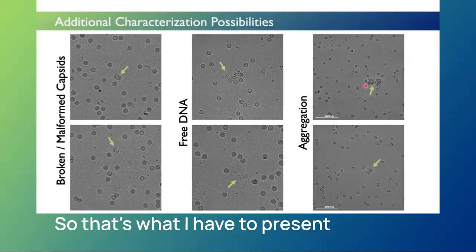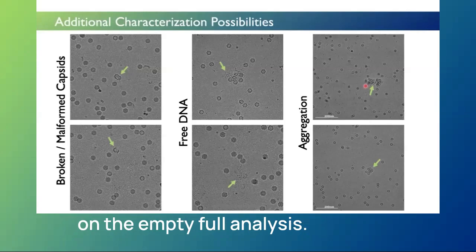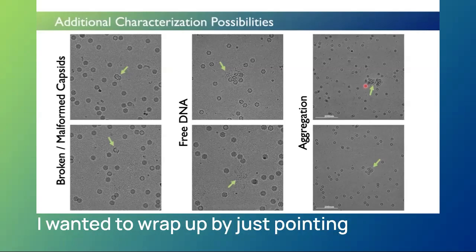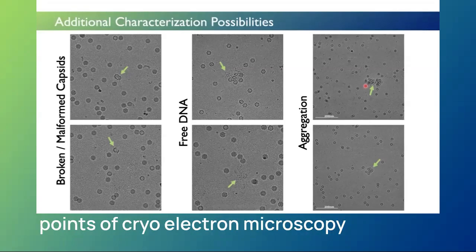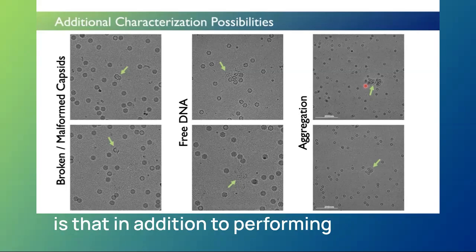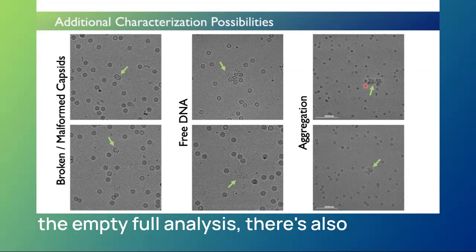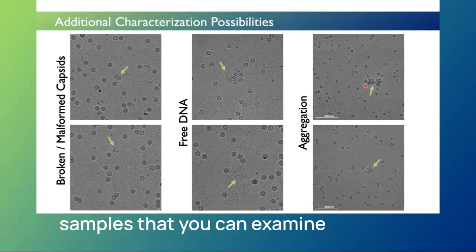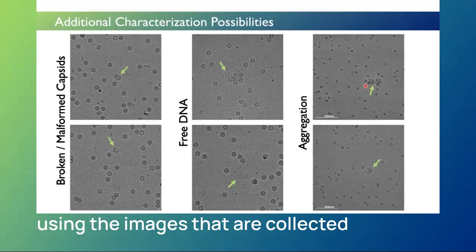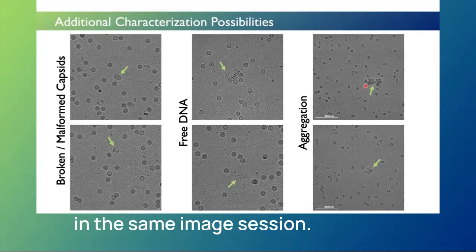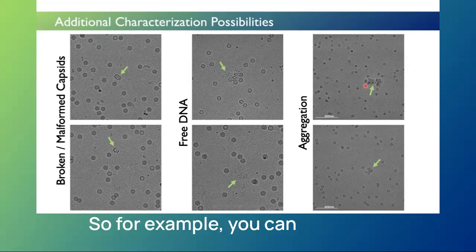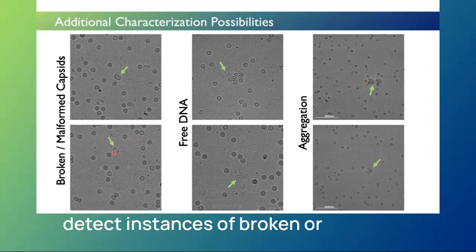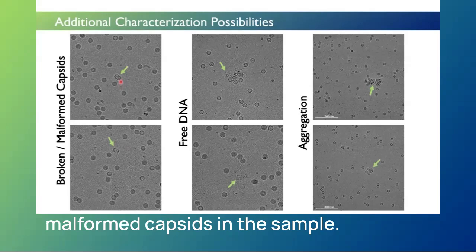So that's what I have to present on the empty full analysis. I wanted to wrap up by just pointing out again that one of the strong points of cryo-electron microscopy is that in addition to performing the empty full analysis, there's also many other attributes of these samples that you can examine using the images that are collected in the same image session. So for example, you can detect instances of broken or malformed capsids in the sample.